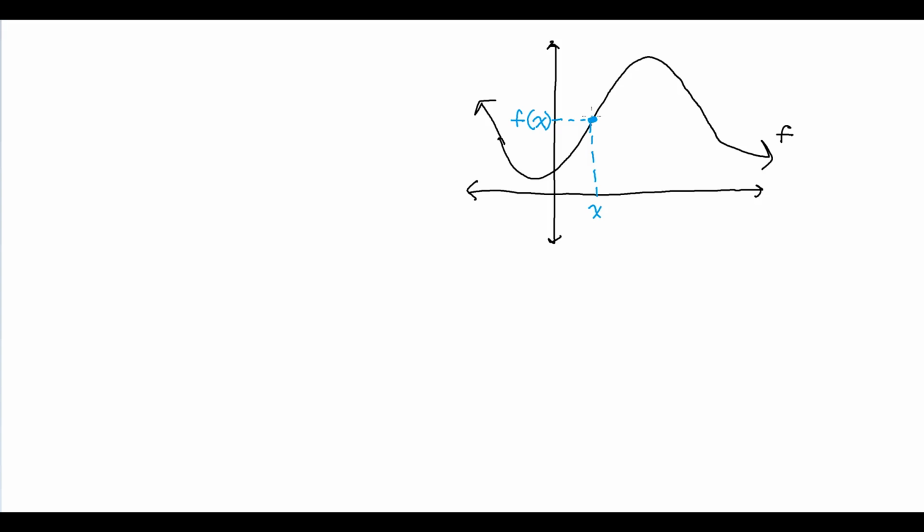Okay? So you might know what a slope of the line is, hopefully. You know how to find the slope of a line. But the slope of a curve is constantly changing. Here, in this region, the slope is negative. The slope is less than 0. In this region, the slope is greater than 0.